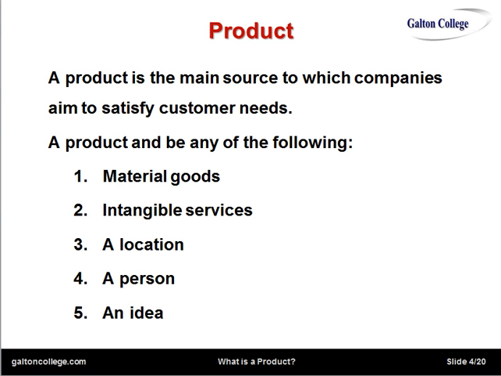The product addresses the needs of the customer, the customer pays for the product, and the business receives the revenue. It is about ensuring that the product meets the needs, because if it doesn't, the customers will not buy it. There will be no sales and no revenue and no business.